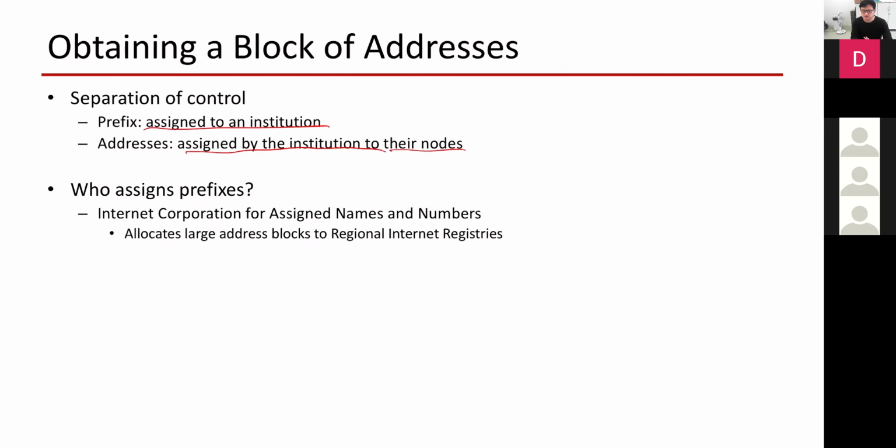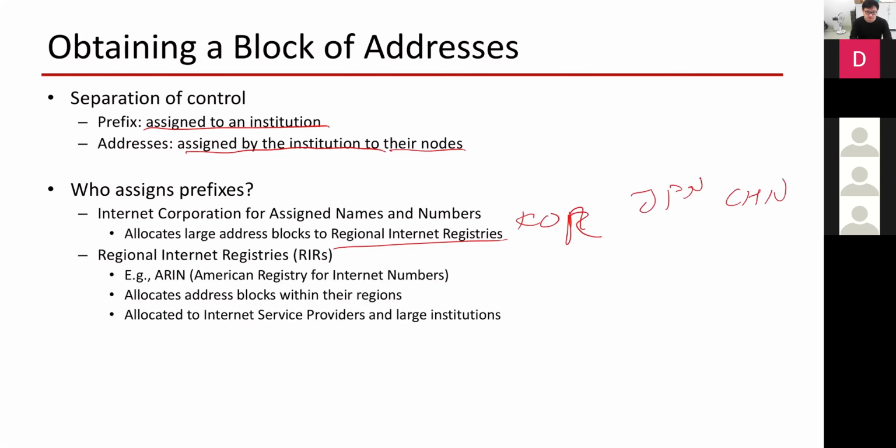ICANN, the Internet Corporation for Assigned Names and Numbers, allocates large address blocks to regional internet registries. Korea has a bunch of them, and Japan and China have their own IP chunks. These are the RIRs, regional internet registries.